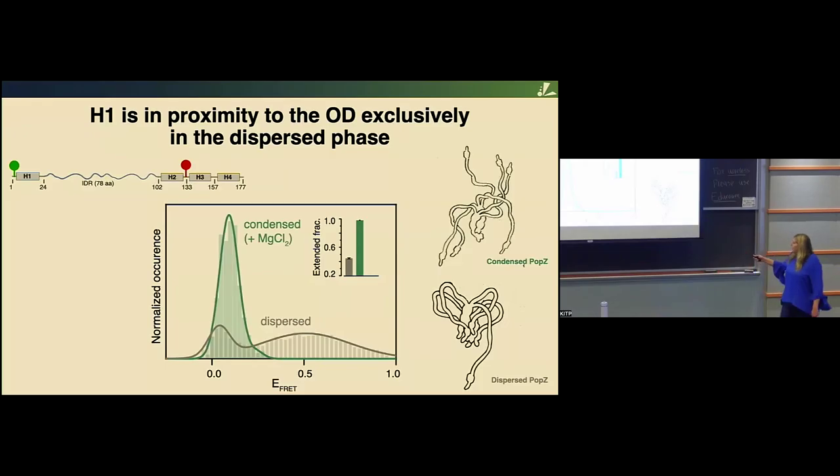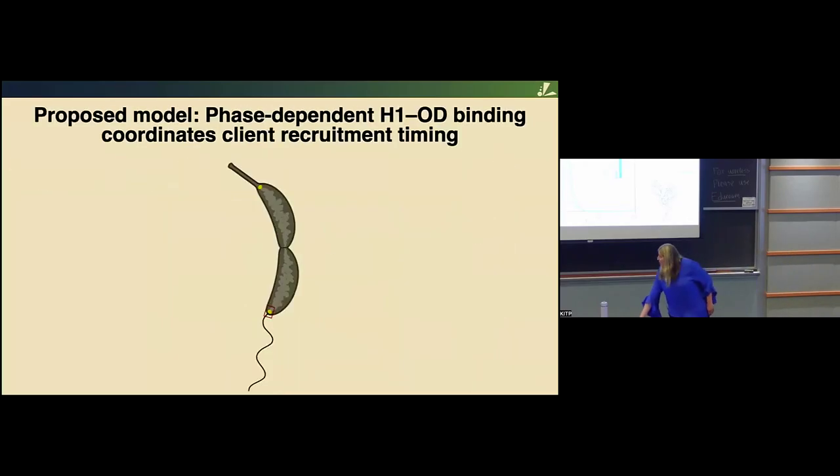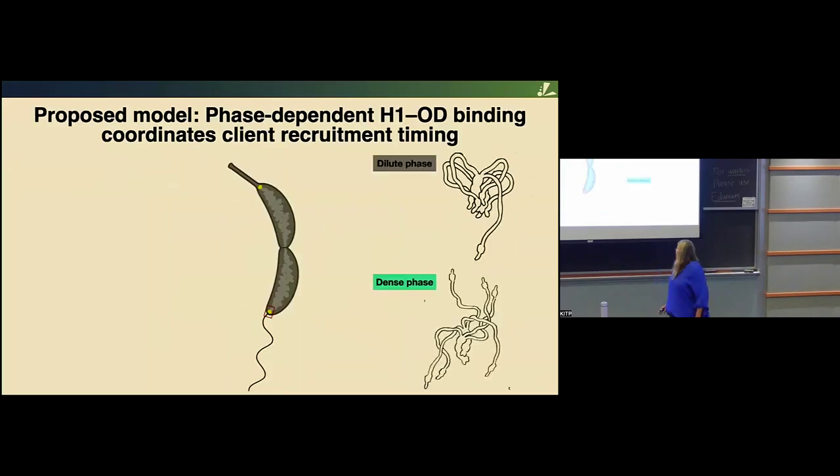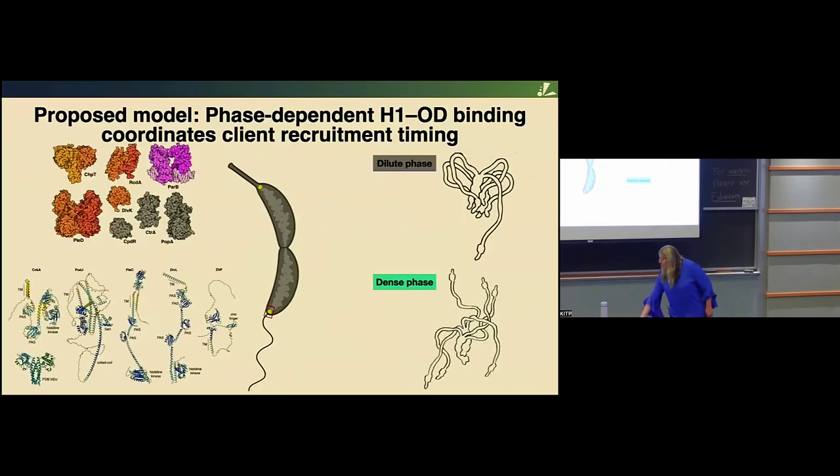In the dilute phase, we have these inactive hexamers, and in the dense phase, we have these active hexamers. So why does it matter for the cell? We have those two conformations because all of these proteins, which we know a lot about, are found in these condensates.